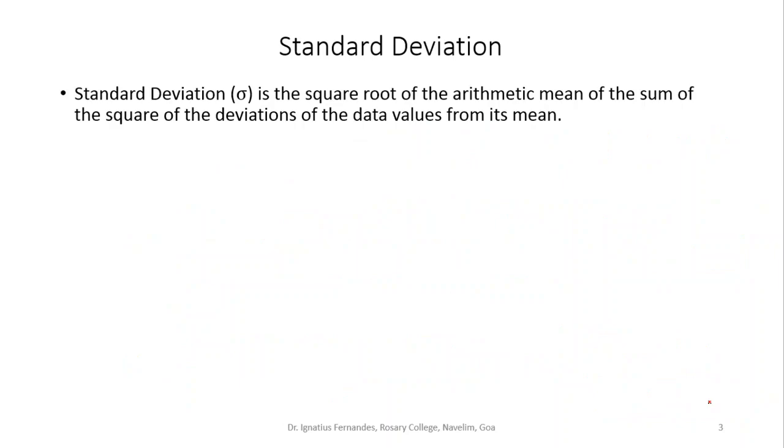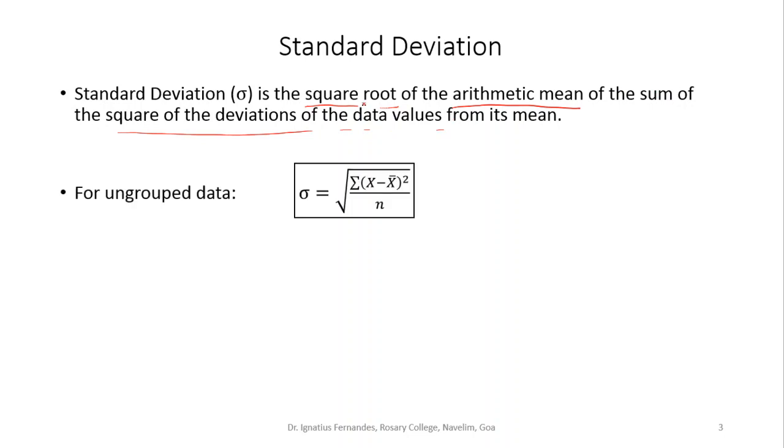So standard deviation sigma is the square root of the arithmetic mean of the sum of the squares of the deviations of the data from its mean. So we took the square root of the arithmetic mean of the squares of the deviations; x minus x bar is the deviation of the value x from its mean, x bar.